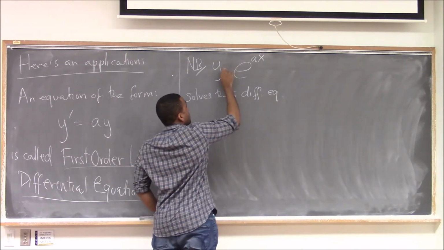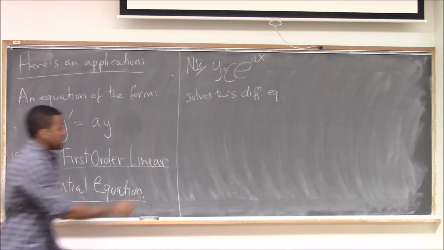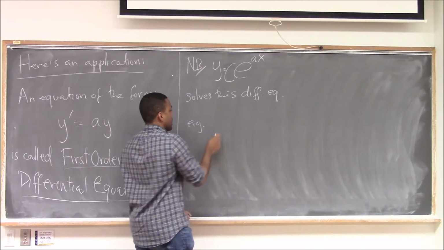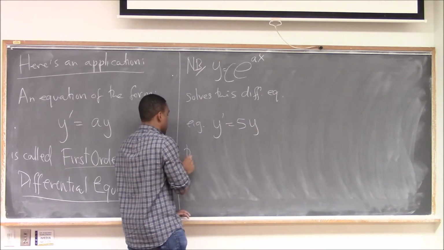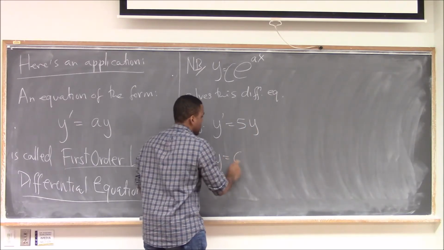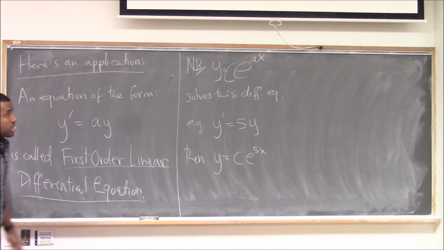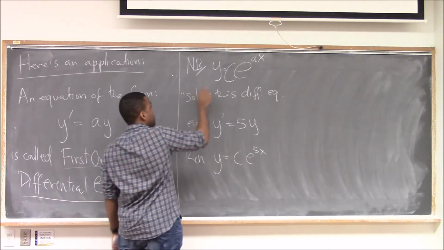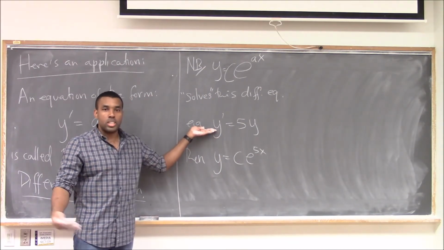And of course, any constant multiple of that will also solve. So for example, if you have y prime equals 5y, then y equals c e to the 5x is actually a solution. What being a solution to a differential equation means is that it is the function that when you plug it into the differential equation, it's true.